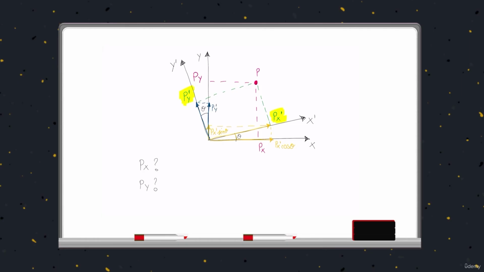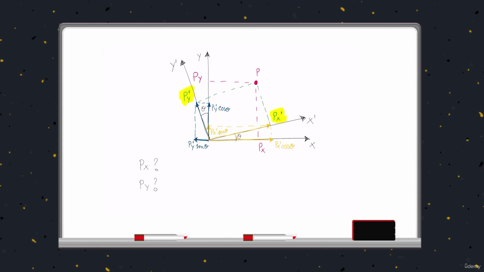Still, by applying the trigonometry, we can say that the component along the y direction is given as the length of the vector py' times the cosine of the angle theta. Instead, the x component is given as the length of the vector py' times the sine of the angle theta.